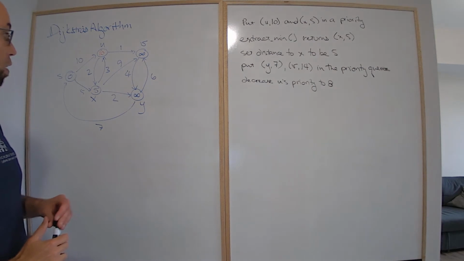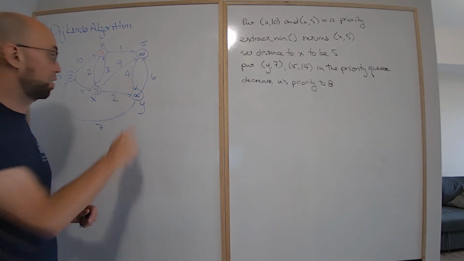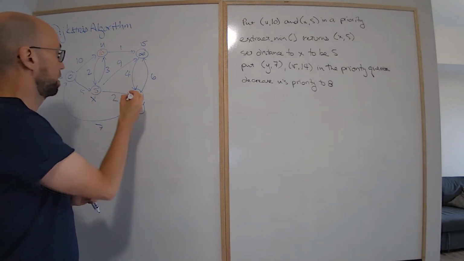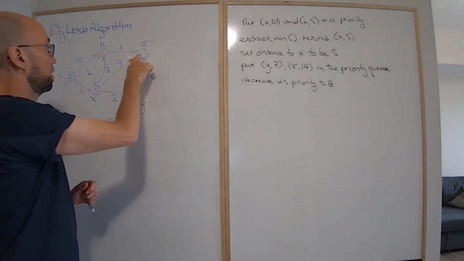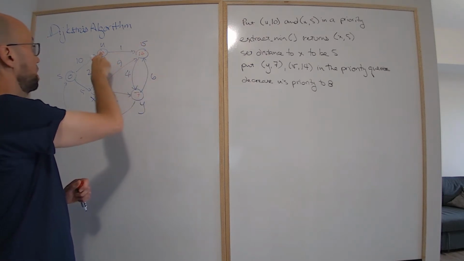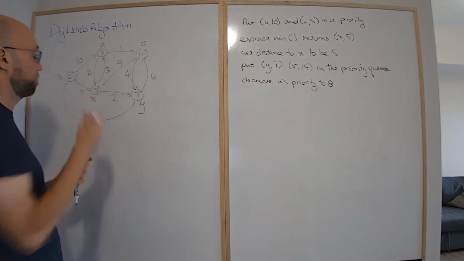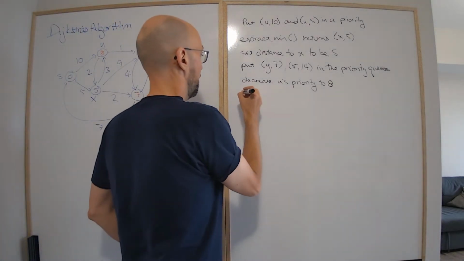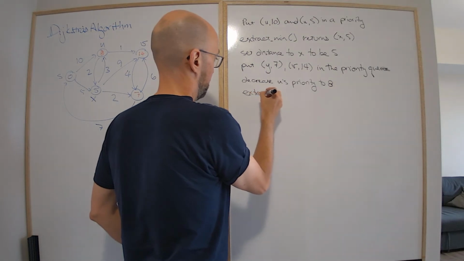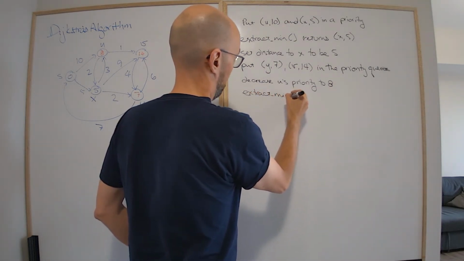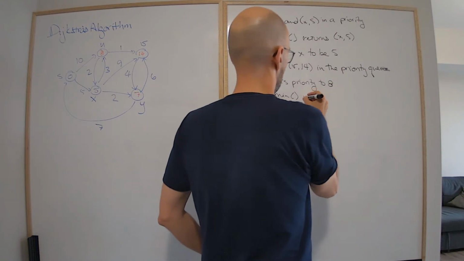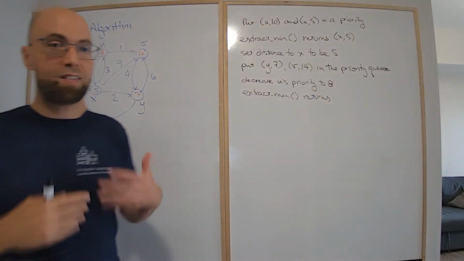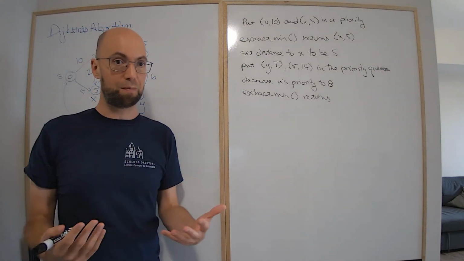So now this is going to be 7. This is going to be 14. And this is going to be 8. Extract min returns, well, what is the next thing that happens in the morning?